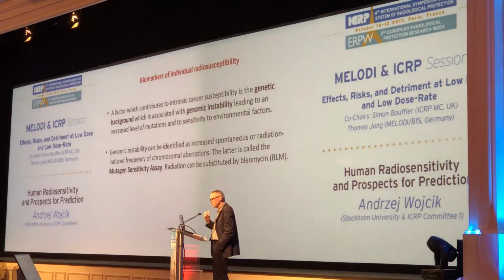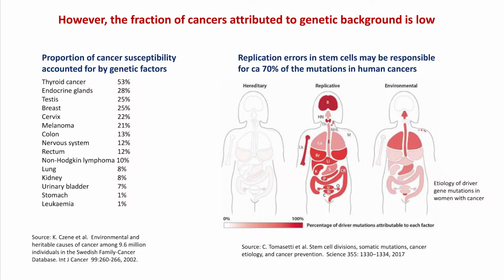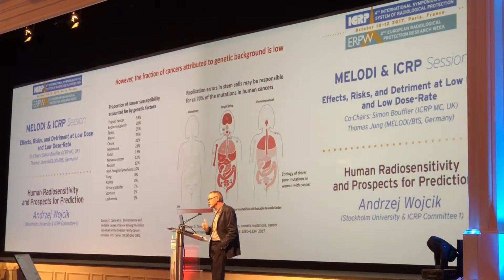I mean, if there is a correlation between in vitro sensitivity of your lymphocytes and your cancer susceptibility, then it should work. And it should work provided that this radiosusceptibility is genetically determined. However, if we look at studies which attempt to find out what the genetic component is to your risk of developing spontaneous cancer, this is from a study published in 2002 in Sweden.